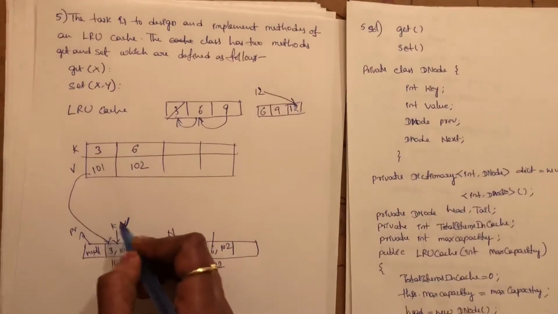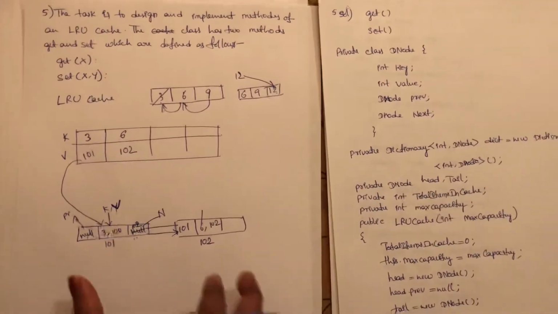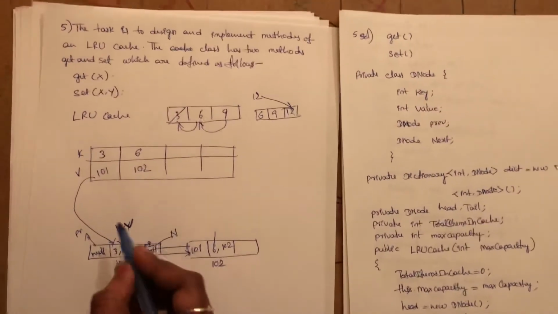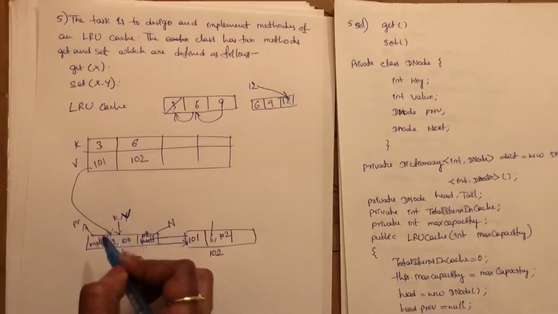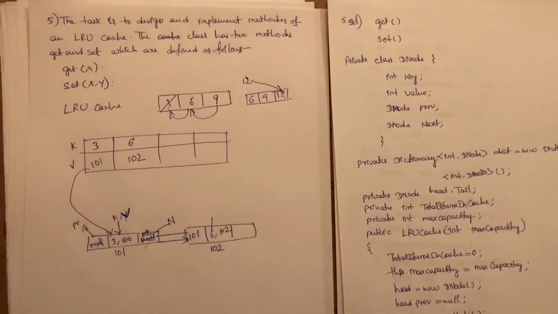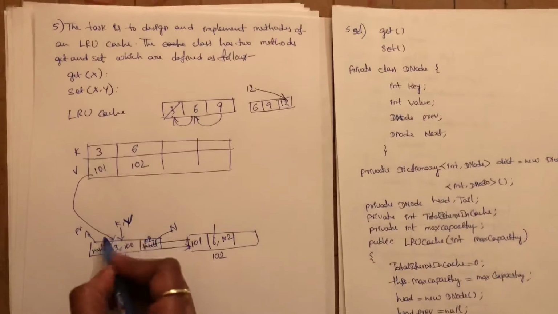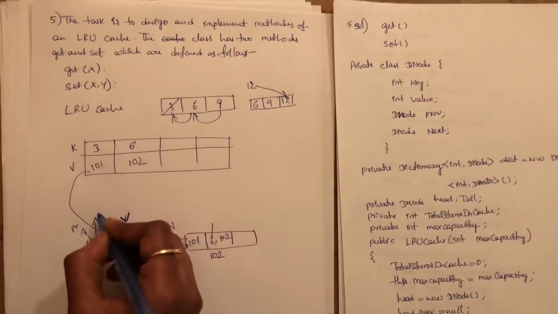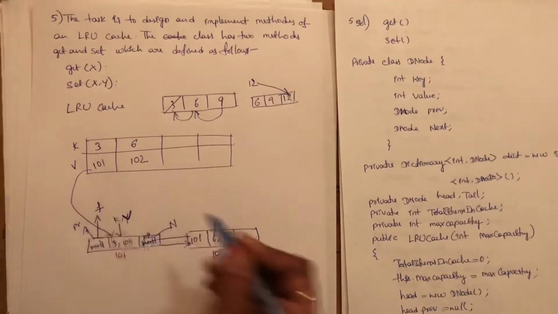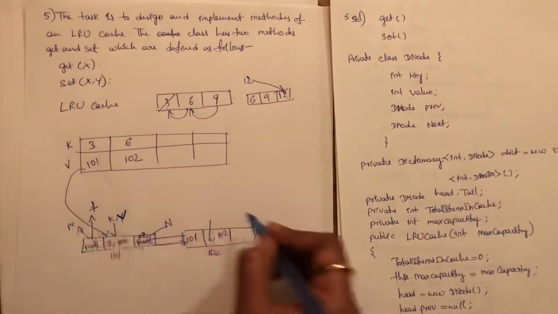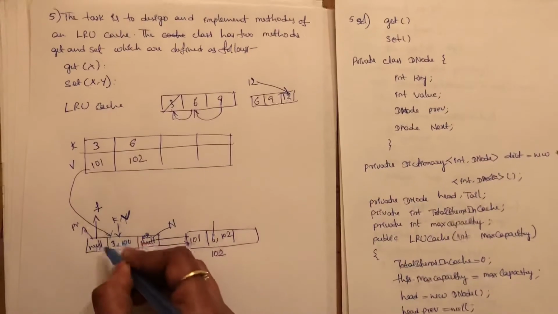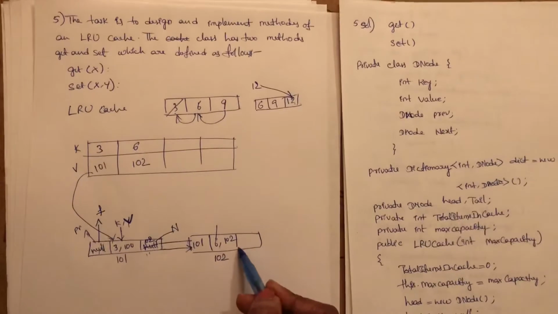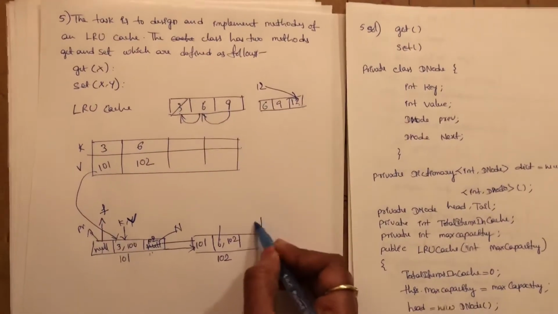If we see, this linked list looks like a queue. In the queue we have two references, first and rear pointers. So this acts as the first pointer, or front pointer, and this acts as the rear pointer.